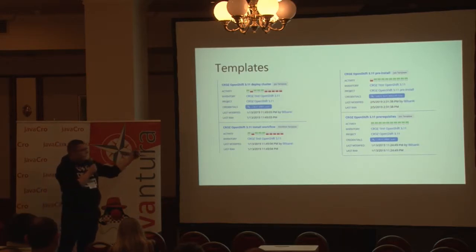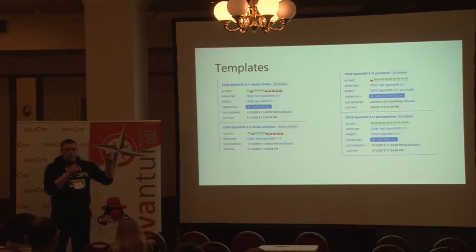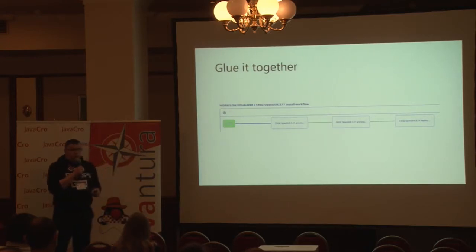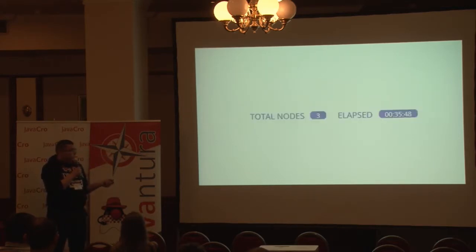So we select this workflow template and we click start job, and this is the visualization of how this job looks. We have our prerequisites, on success run OpenShift prerequisites, and on success install OpenShift. After we click the install workflow start job button, we managed to install OpenShift in 35 minutes with just one click.